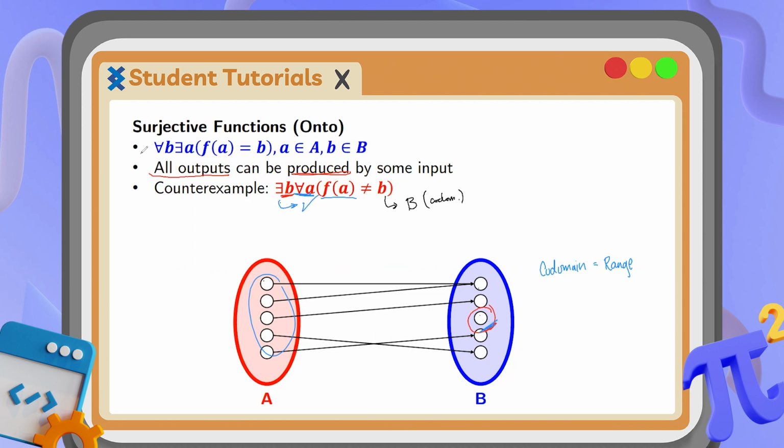And if this one is true, therefore this statement would be false. Therefore, this function is not surjective.